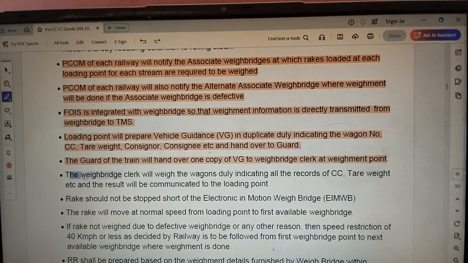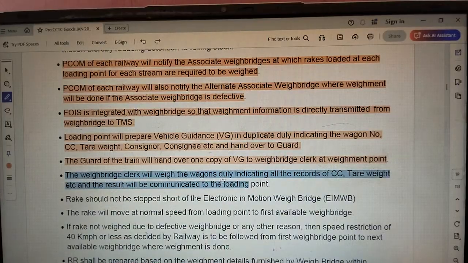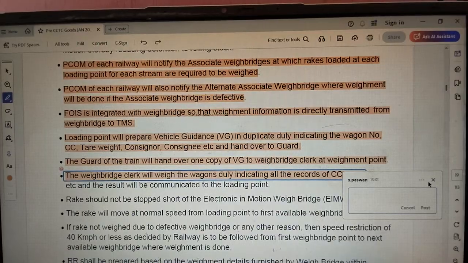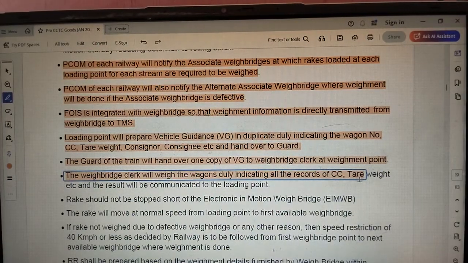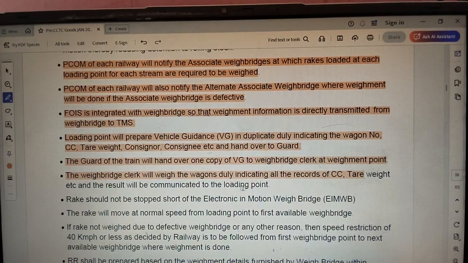The weighment clerk will weigh the wagons duly, including recording the CC and tare weight, etc., and the result will be communicated to the loading point.